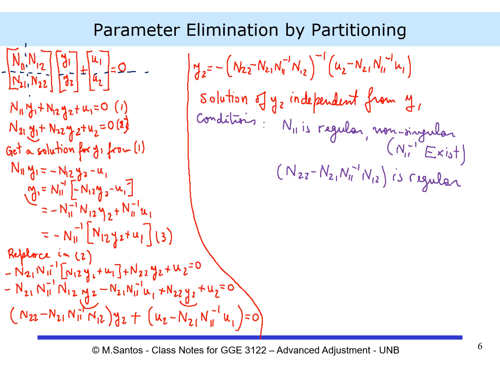So what happens in practice is that we may have these two parameters, Y1 and Y2. For the parameter Y1, we may have situations like, for example, Y1 is of no interest.